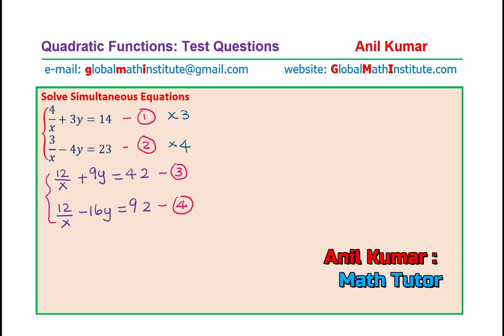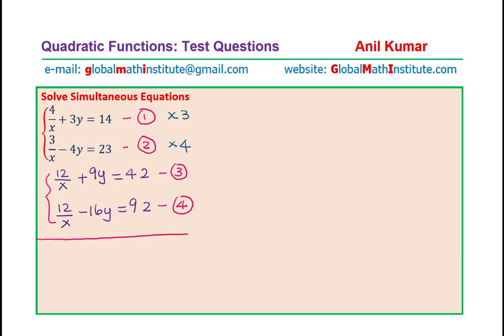So to eliminate, what am I going to do? We are going to subtract, right? We'll do equation 3 minus equation 4. Makes sense, right? So 12 over x, they cancel away. 9y plus 16y equals 42 minus 92.